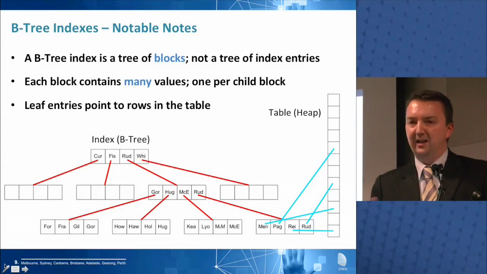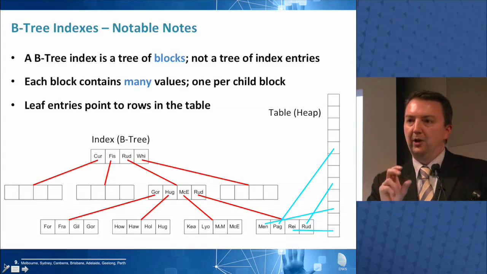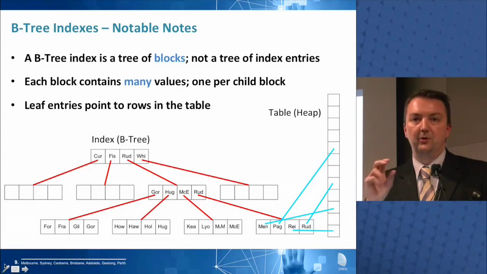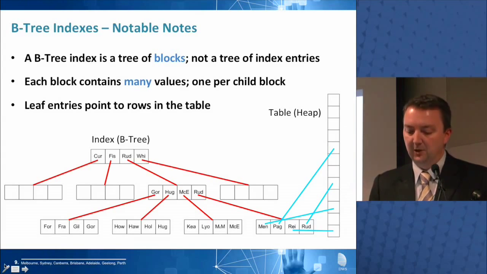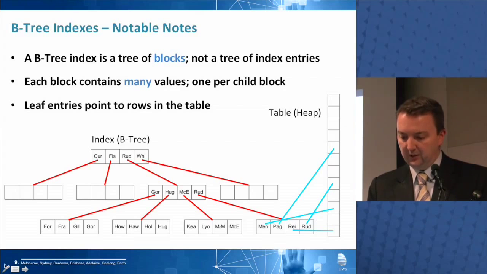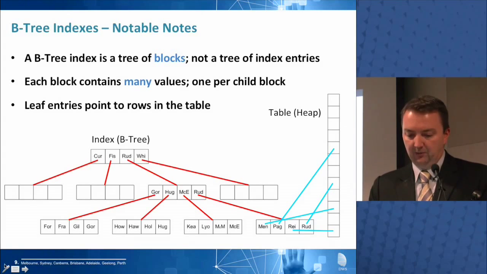It's not a name or an entry in the table. In our binary search tree, each node was a name, so Reed and Rudd were each nodes in the tree. Whereas we've got blocks in our tree here, and each block contains multiple entries, multiple values, one child per value. Once you get down to the bottom, leaf entries point to the table.